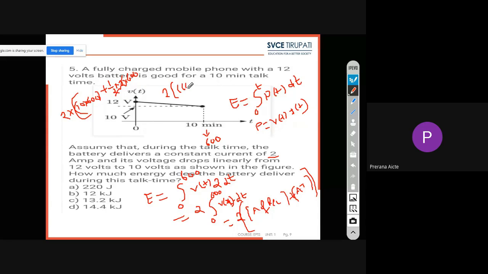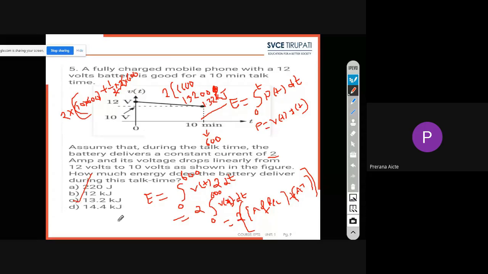6600. And again it will multiply into 2, giving 13200. So it is how much? 13200, that is nothing but 13.2 kilojoules.